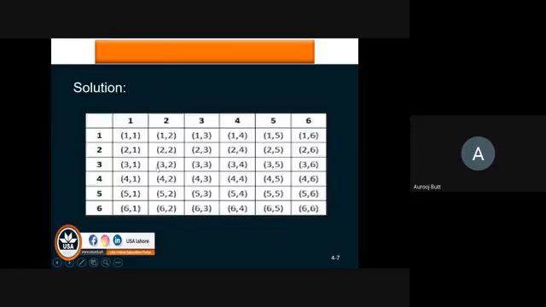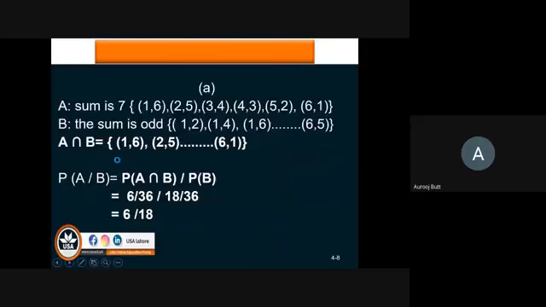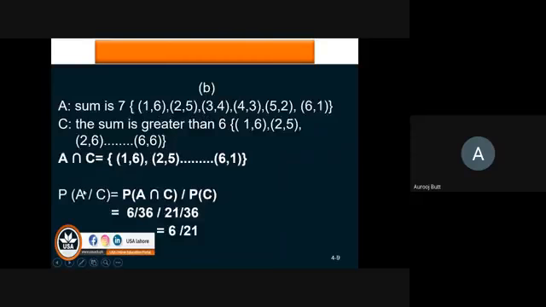So you just need to replace it by event C, because you have to find the probability that the sum is 7 given that the sum is greater than 6. Greater than 6 means this event has come. So according to the formula, probability of A intersection C, meaning the intersection of both events, comes in the numerator, and you need to divide it by whatever is given under this condition.